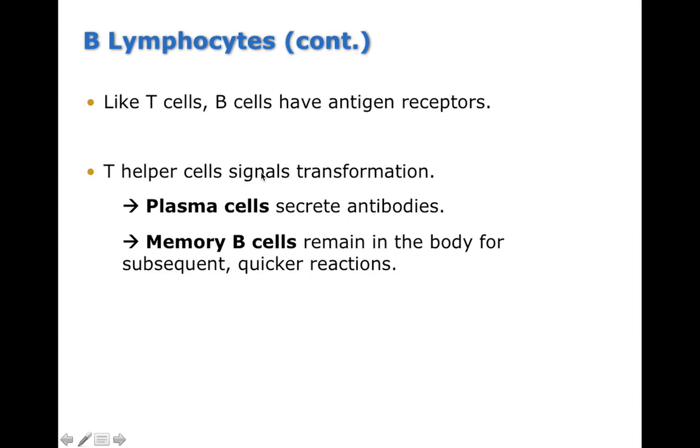Remember, this is done through the release of cytokines, and those cytokines can cause that B cell to basically proliferate into more B cells, but that can actually also then differentiate into either plasma cells or memory B cells. Plasma cells are the ones that secrete antibodies, and the memory B cells actually just remain in the body for a long period of time, and they're just there ready in case there's another infection in the future.